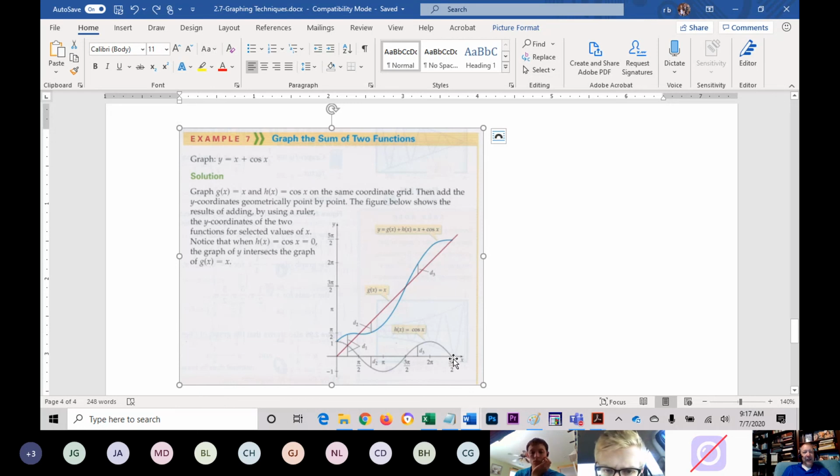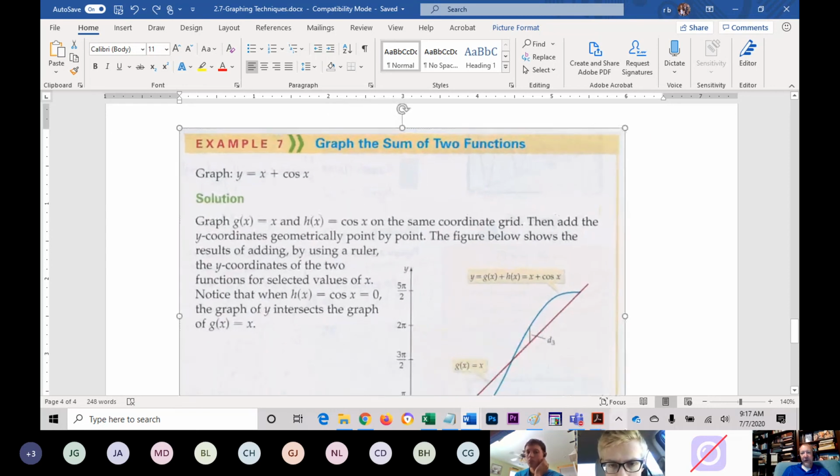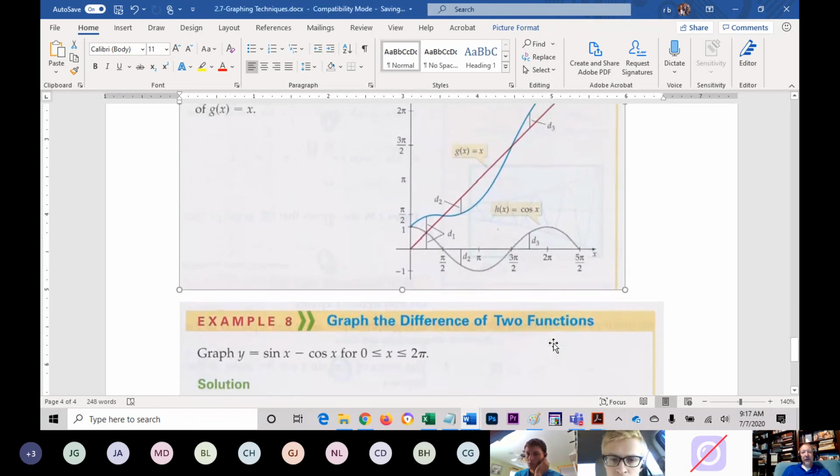Okay. Now, the easiest way to graph this is basically what you're going to do. I'm going to make this a little bit bigger because I know it's hard to see. So I've got y equals x, the red line, and the cosine of x, this gray line.